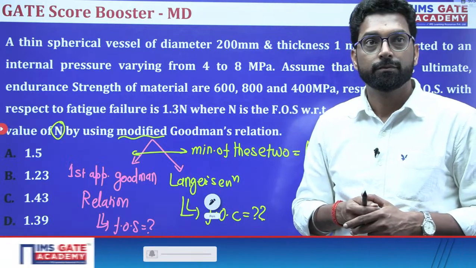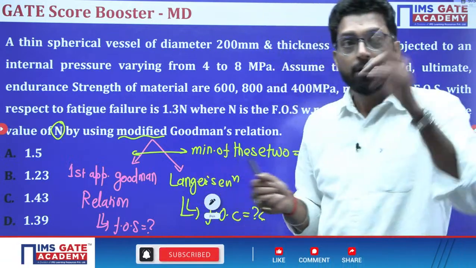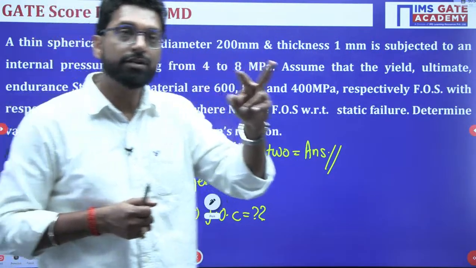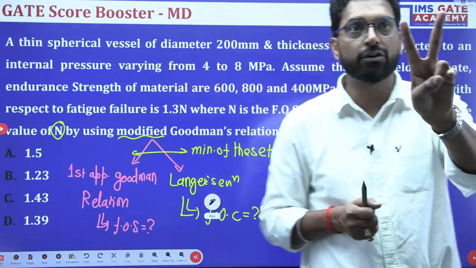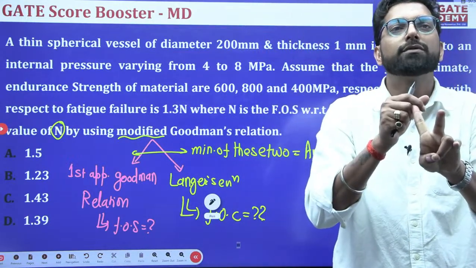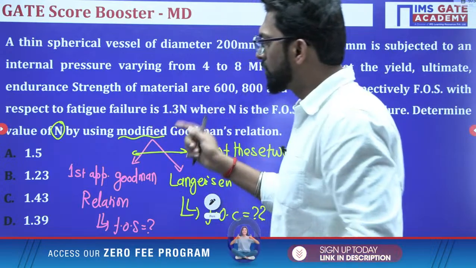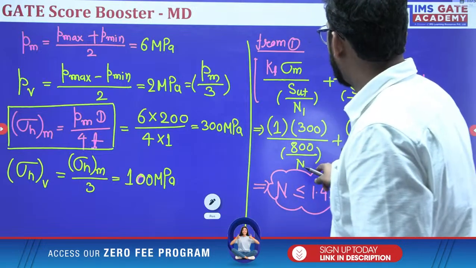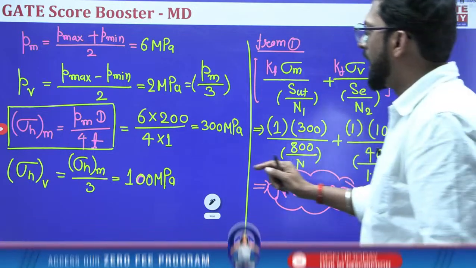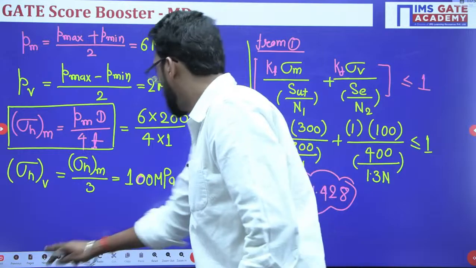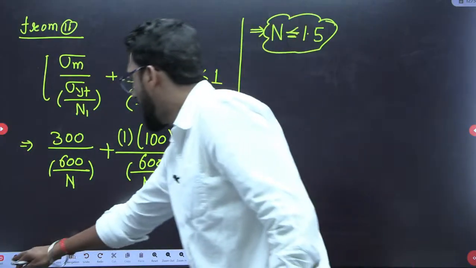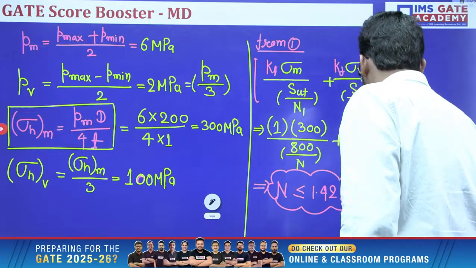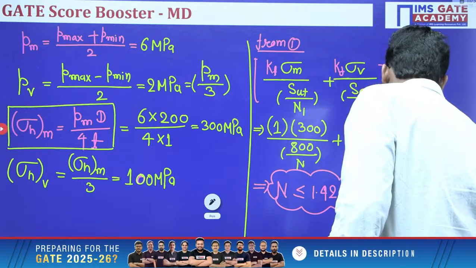According to the modified Goodman, first we find the Goodman and then the Langer equation. With these 2 equations we find 2 factors of safety, and we always take the minimum of these 2. So according to the Langer line it is 1.5 and according to Goodman it is 1.428. Which one is correct? 1.428, that means approximately 1.43.